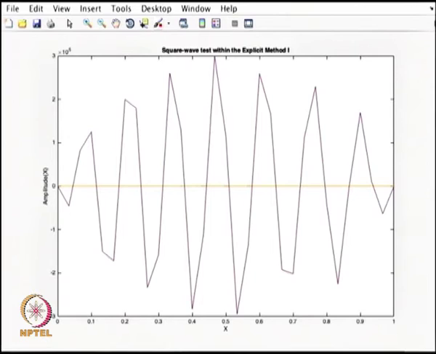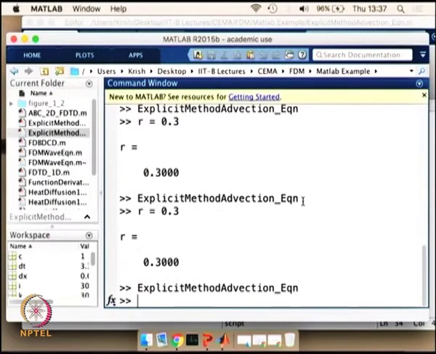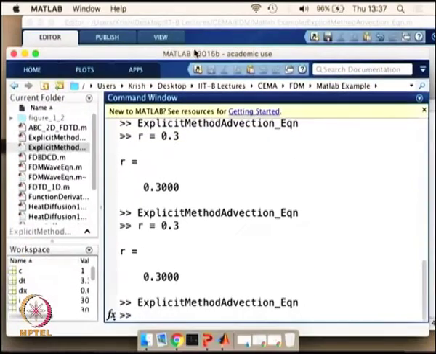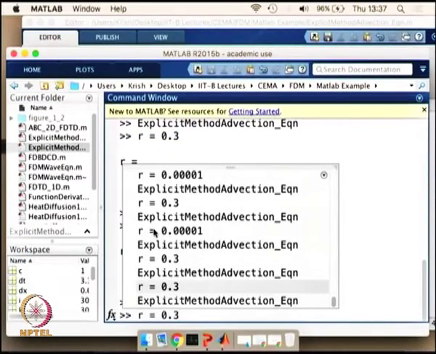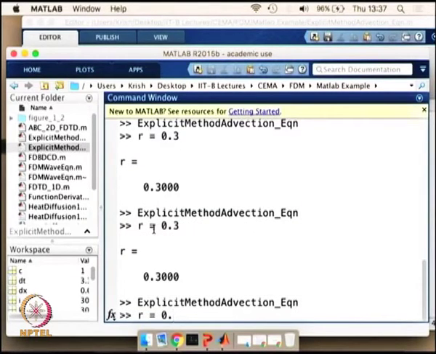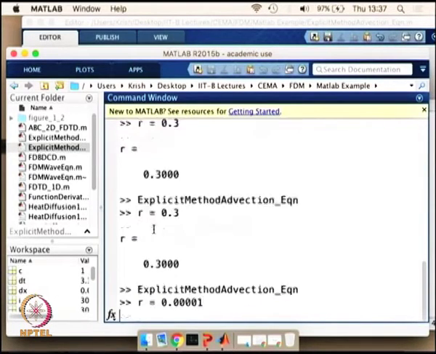In order to solve this issue, remember that we have to go very low in the time stepping. So the R value should be much lower, typically in the range of 0.0001.